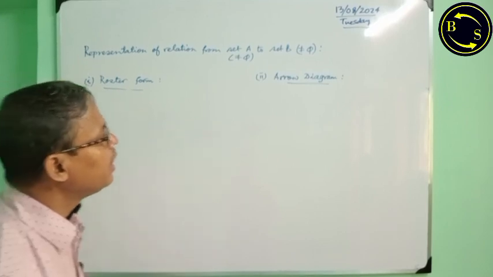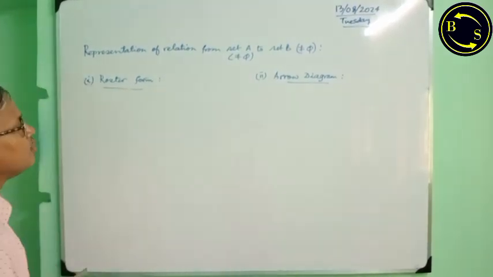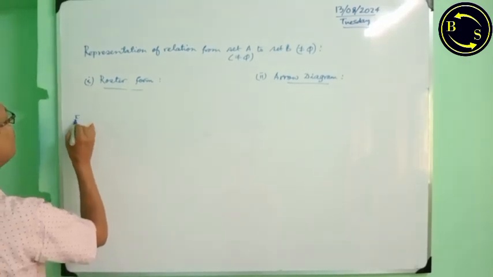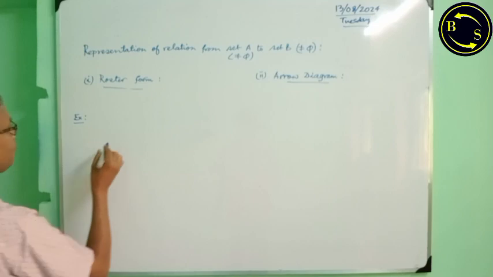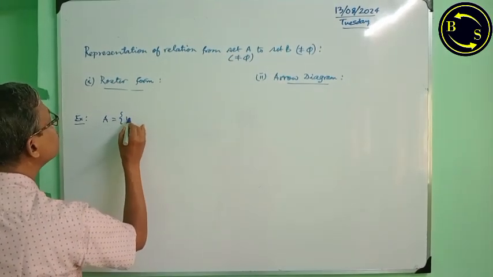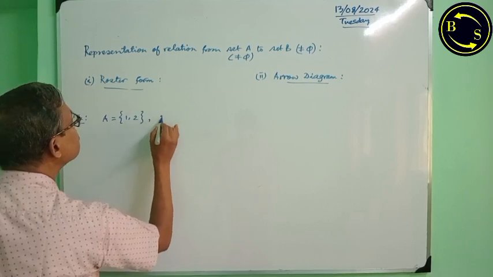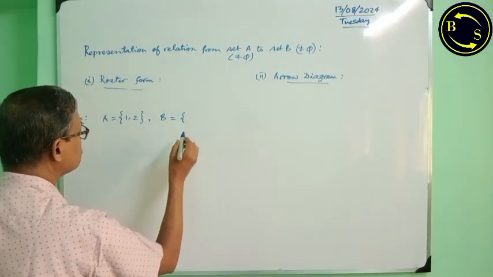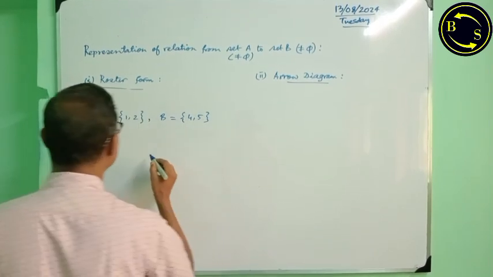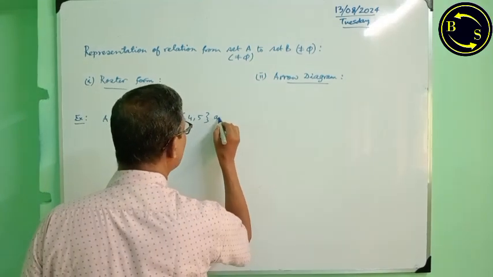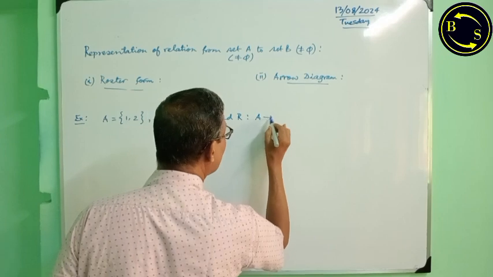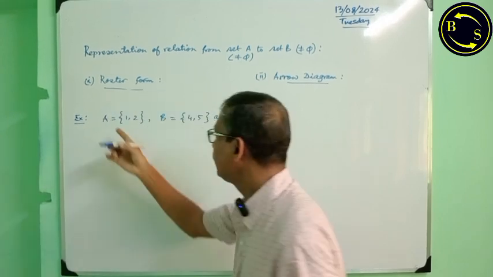Then there is another, the arrow diagram. To clarify that, we take an example.